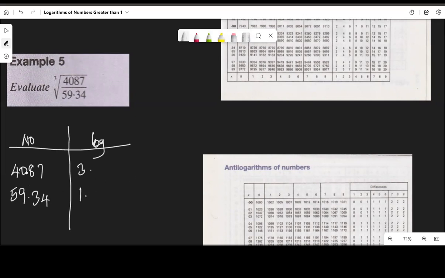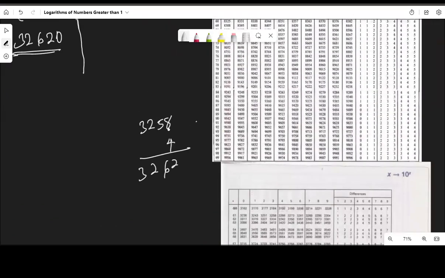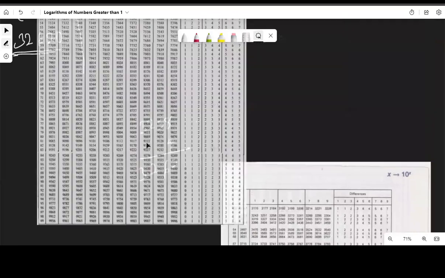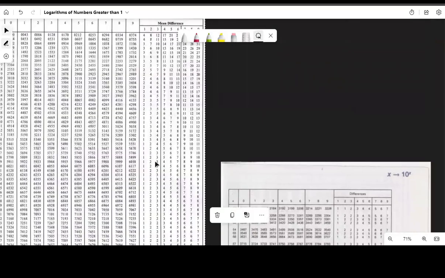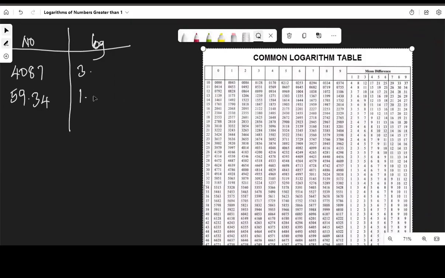Now we look for logarithm of 40 under 8, difference of 7. Let's shift the logarithm table down so we have access to it. Here is 40, trace it to 8. 8 is right here, that is 6107.